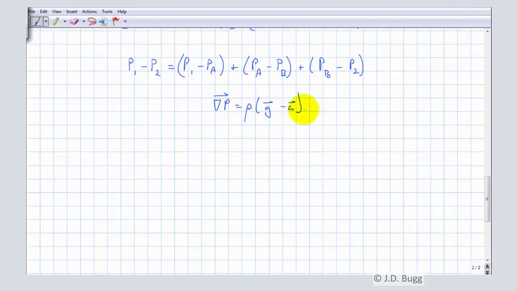So that lets me use the basic hydrostatic equation in the manometers. There's no acceleration because this thing presumably isn't flying around.